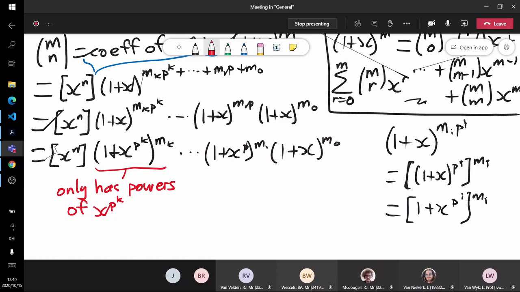And the next bracket will only have powers of x to the p to the k minus 1, and so on with each bracket. And this one, for instance, only has powers of x to the p.